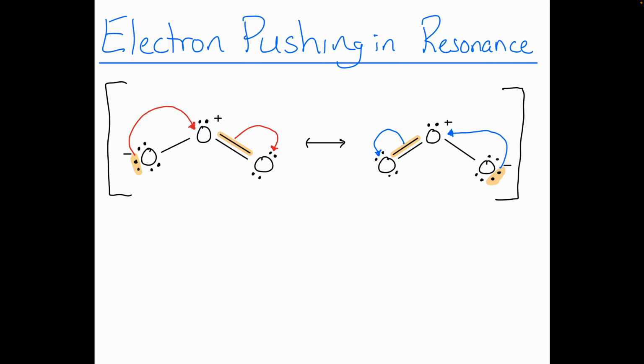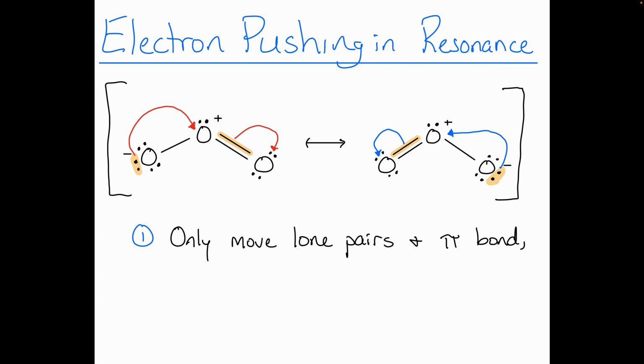In order to be resonance in particular, number one, you can only move lone pairs and pi bonds, not sigma bonds.